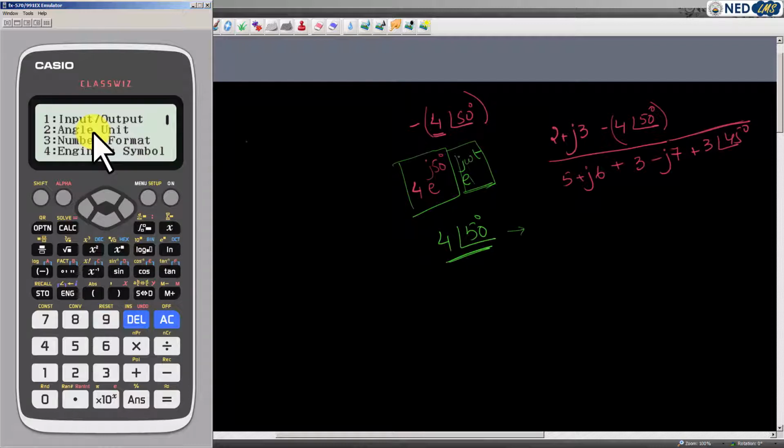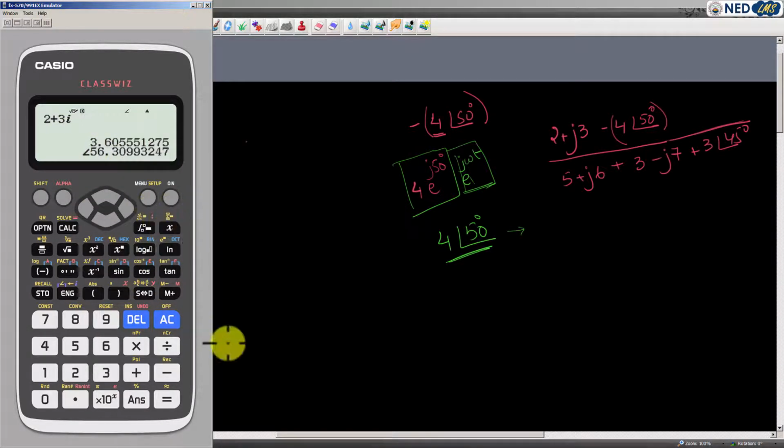It could be in radians, it could be in gradient. And if you go to the complex part, if I press 2, it will ask what default option you want to display the results in. If I press 2 here, the answer would always be given in polar form. So if I write 2 plus 3i, this would always be given in polar form. This is the magnitude, and this is the angle.